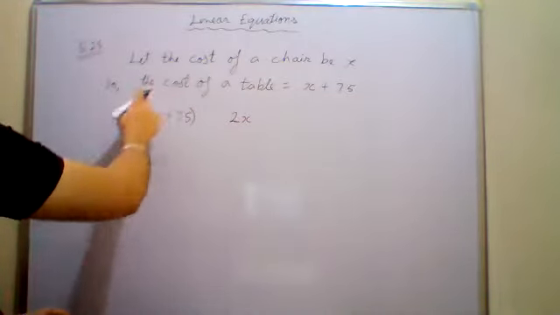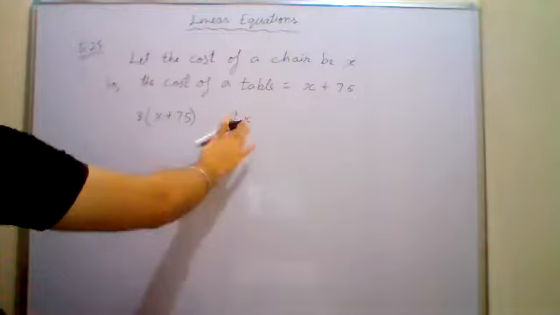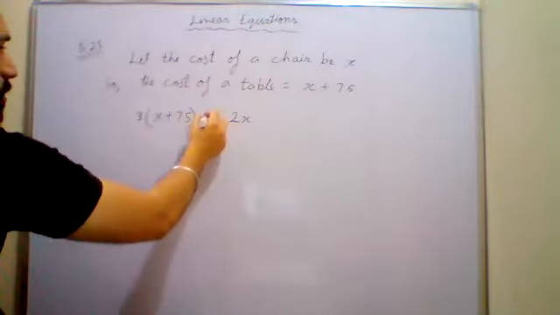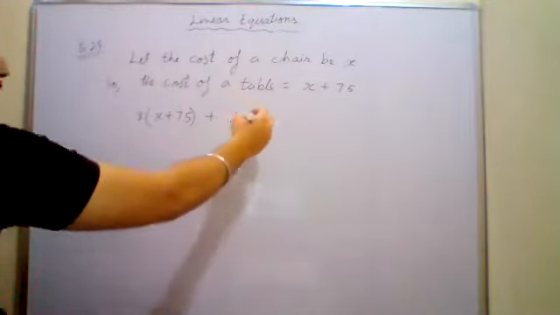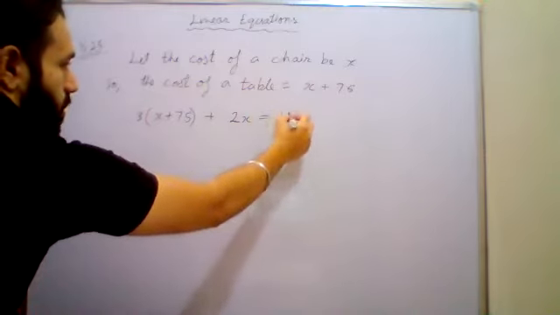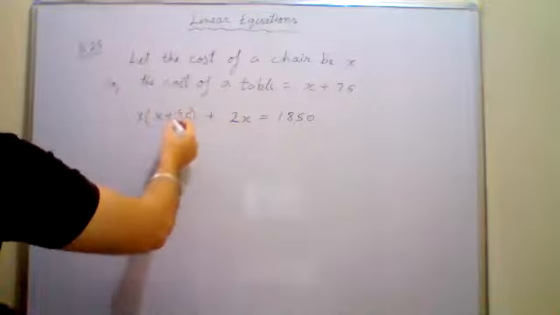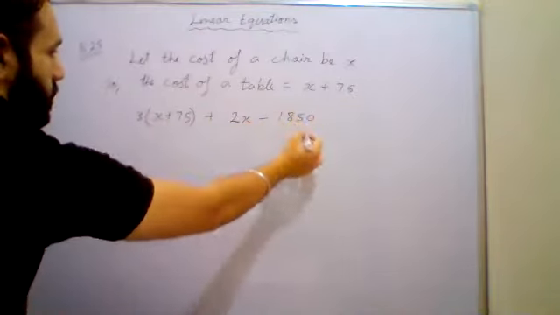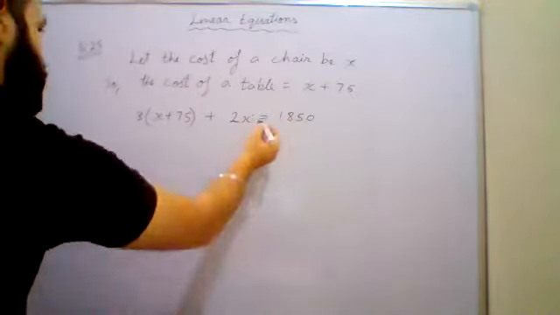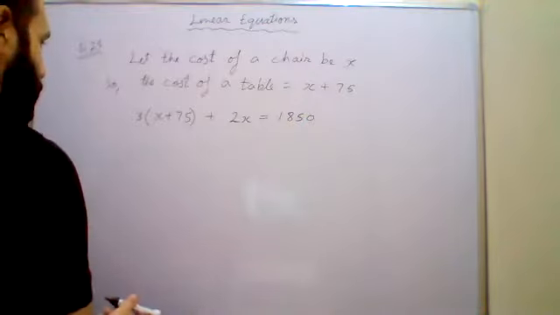Now, if you add the cost of 3 tables and the cost of 2 chairs, you get the total cost, which is already given as 1,850. So this is equal to 1850.